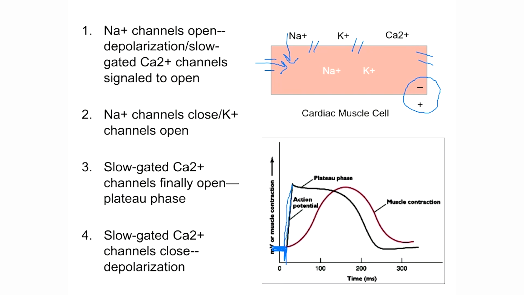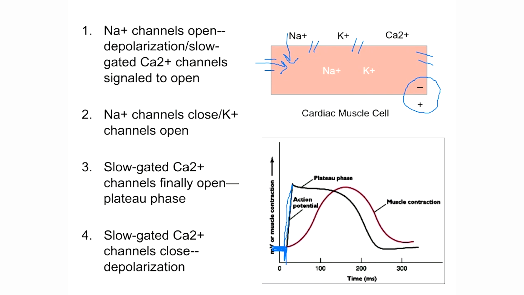However, remember, we also have calcium channels in cardiac muscle. Sodium channels in skeletal muscle and cardiac muscle are also sometimes referred to as fast-gated sodium channels. The reason is that once they're told to open, they open very rapidly and they close very rapidly.